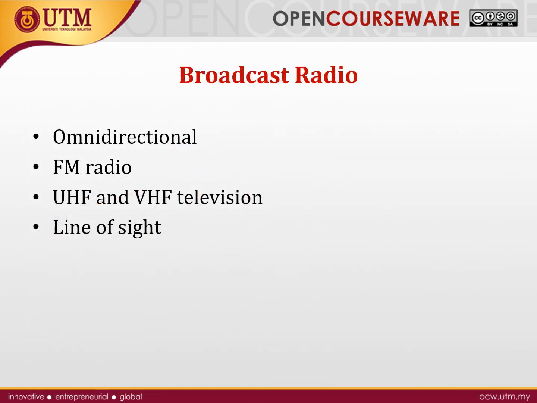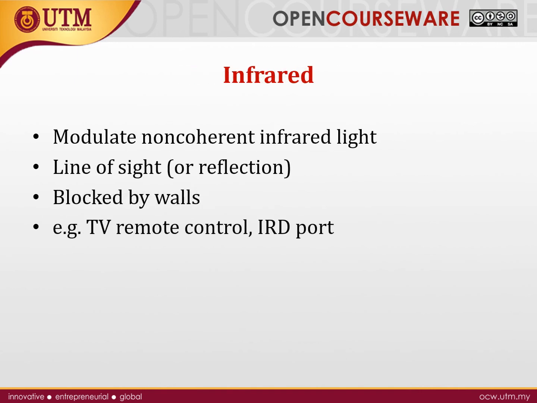Then we have broadcast radio, which we are familiar with. For example, FM radio, omnidirectional, UHF and VHF television, and line of sight. And then we have infrared media transmission, for example, our TV remote.